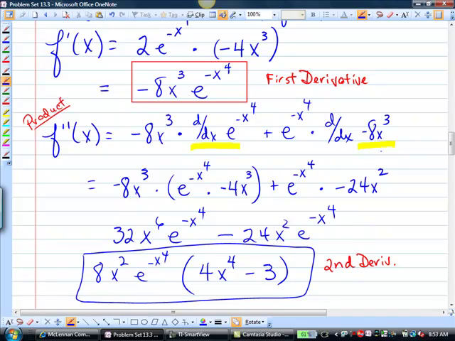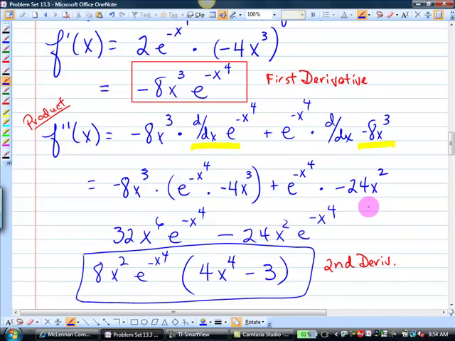So you have negative 8x cubed times the derivative of e to the negative x to the fourth. There's the original, there's the derivative of the exponent. That's what we're going to multiply together. Over here we have that times the derivative of negative 8x cubed, which is negative 24x squared.